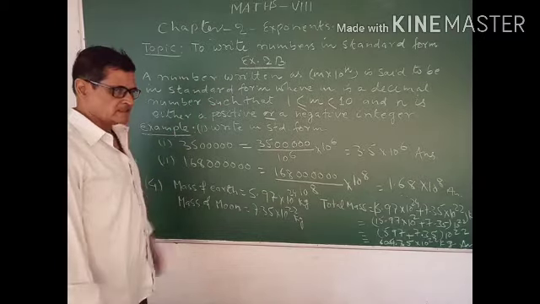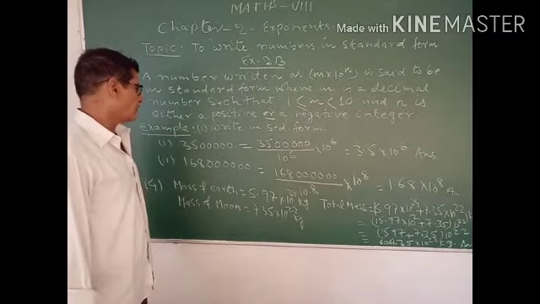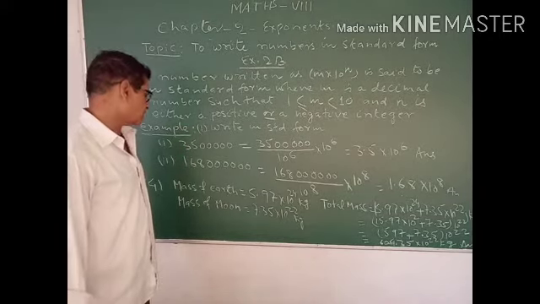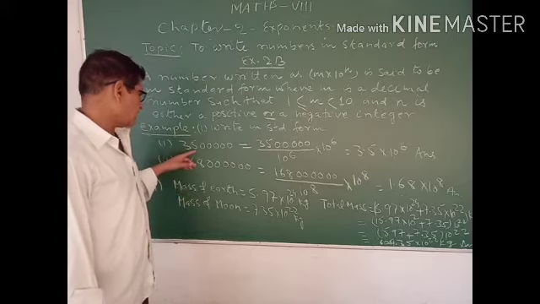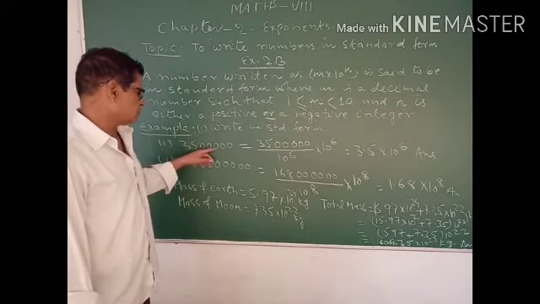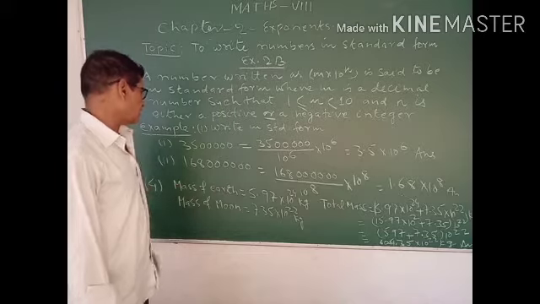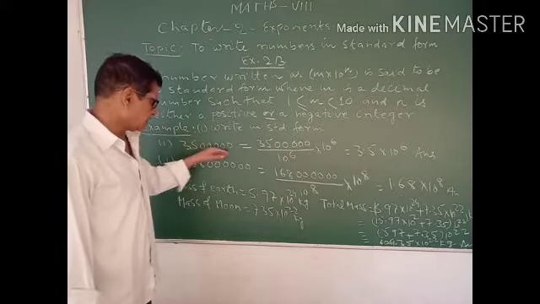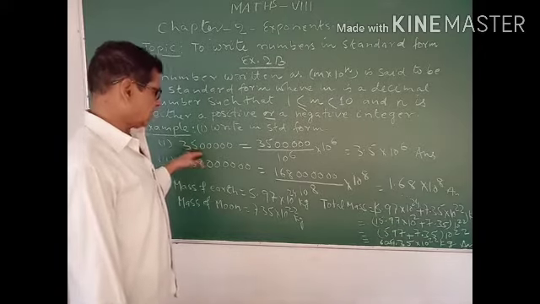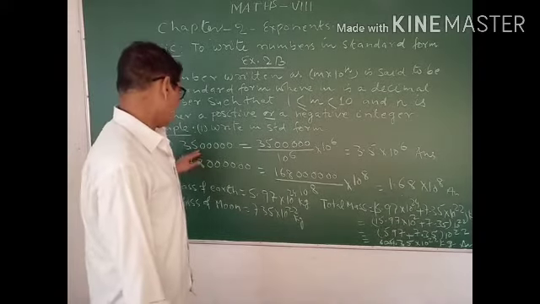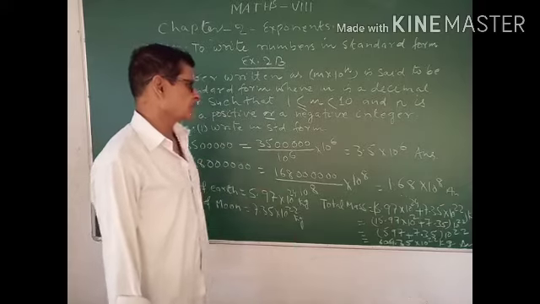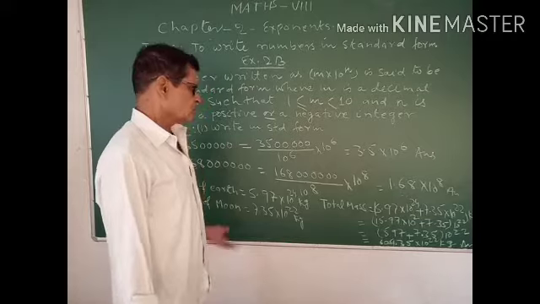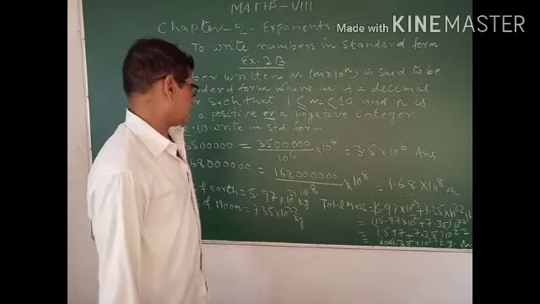This is called standard form, to express a big number in a standard notation. 3500000. There are 5 zeros after 35. This is a very big number, and by using this technique we can write it in a standard form, which is easy to keep in our mind.